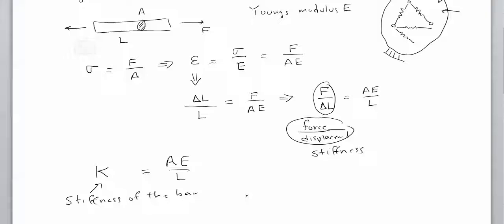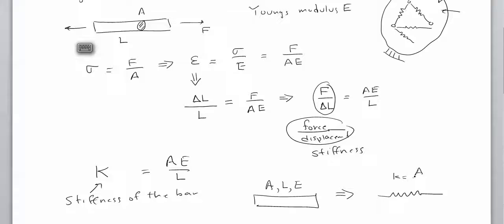So does this not mean that if you have a bar like that, made of material E, cross-section A, and length L, we are saying that this is equivalent to a spring with a stiffness of AE over L? Well, that's exactly what this means.